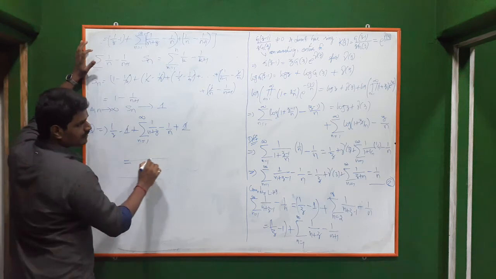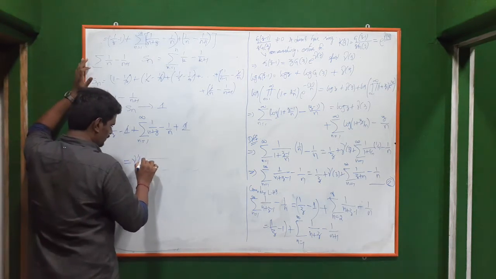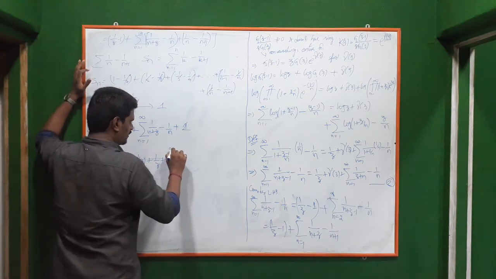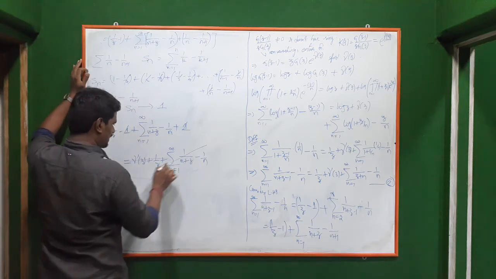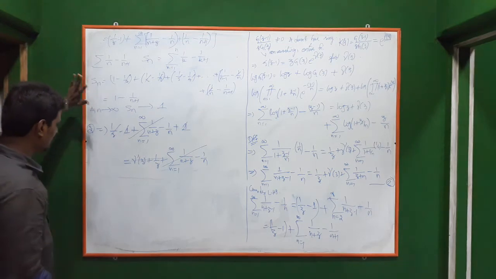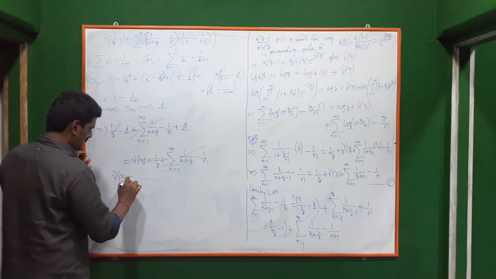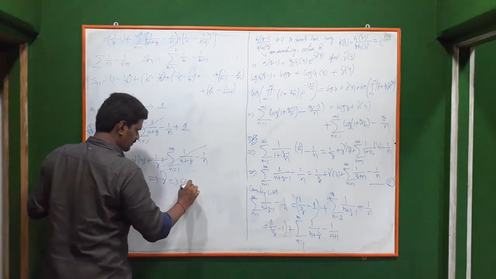Right hand side, what we have? Gamma dash of z plus 1 by z plus summation n from 1 to infinity of 1 by n plus z minus 1 by n. So this full thing will be cancelled out. Okay, so the remaining thing is what? Gamma dash of z. So gamma dash of z is equal to 0, which implies gamma is a constant.